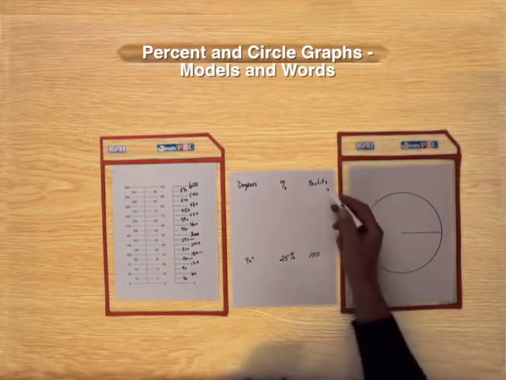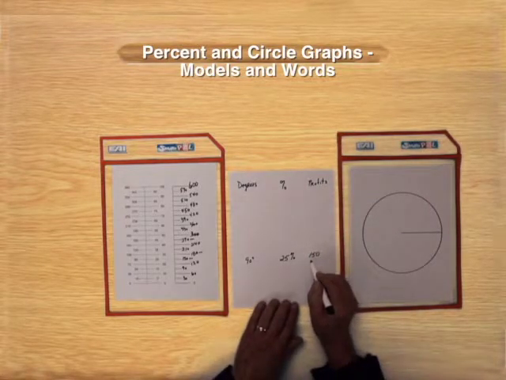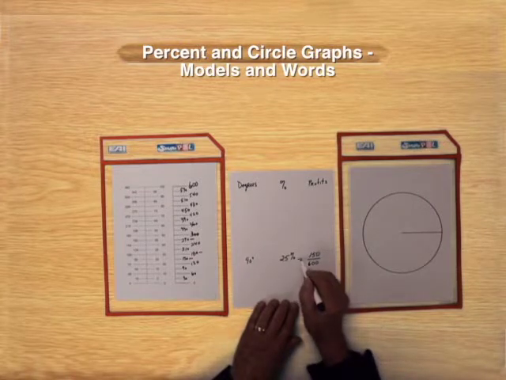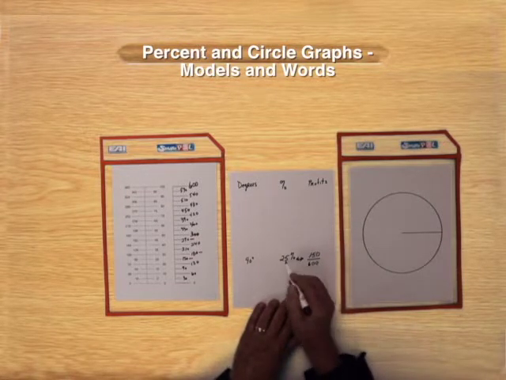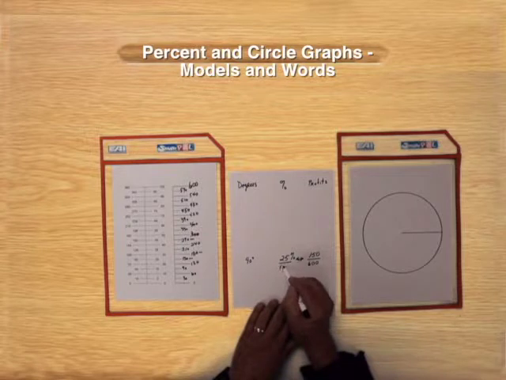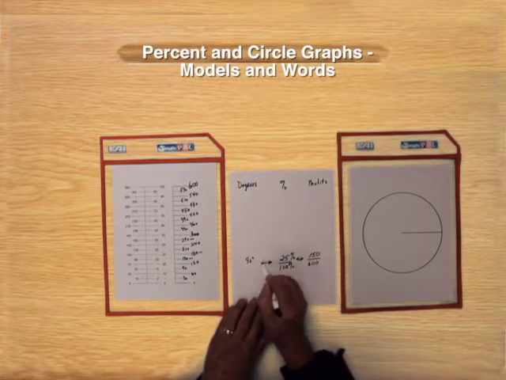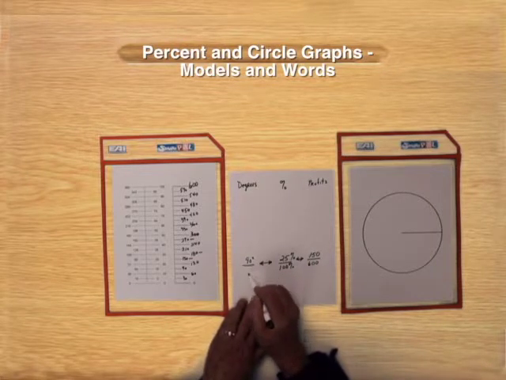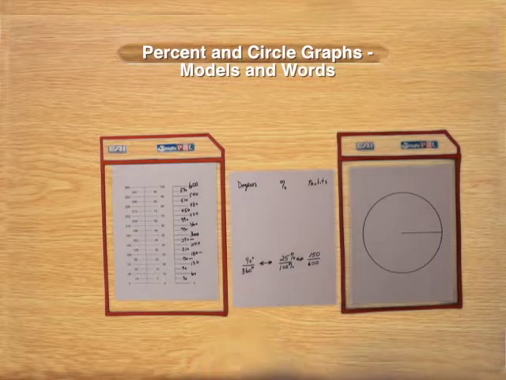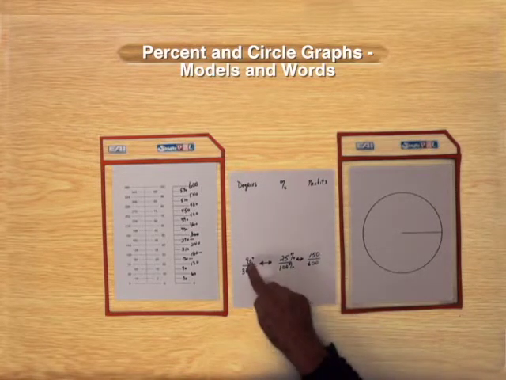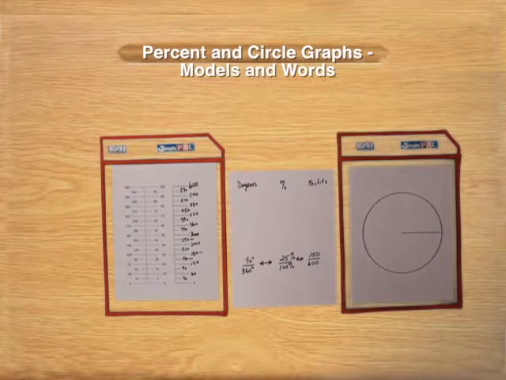So, since the profits were 600, we know that 150 is related to 600 in the same way that 25% is related to 100%, in the same way, or in the same position, that 90 degrees is related to 360 degrees. So, $150 in profits will give us an angle of 90 degrees.